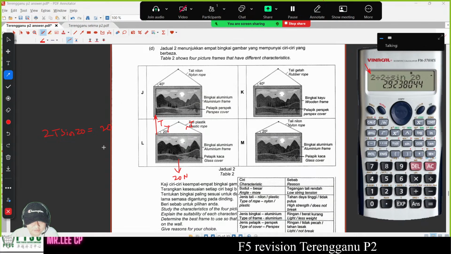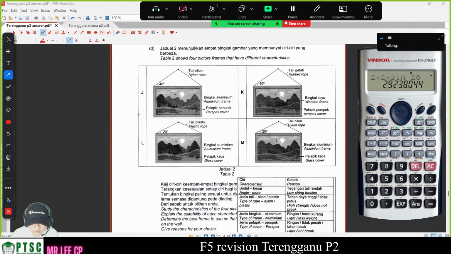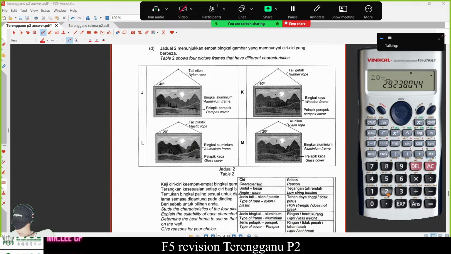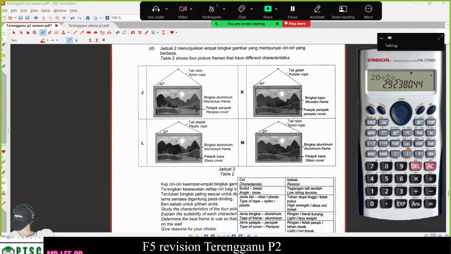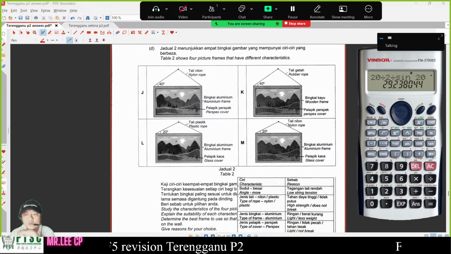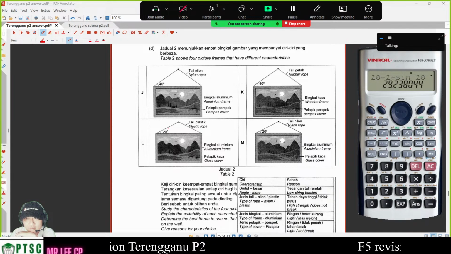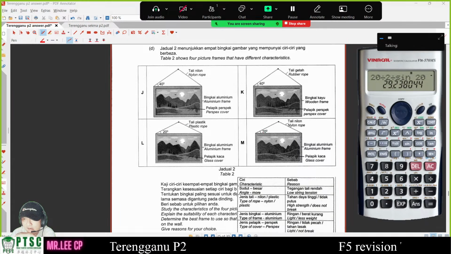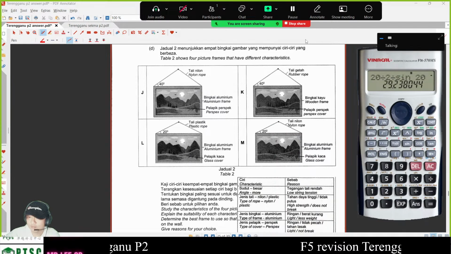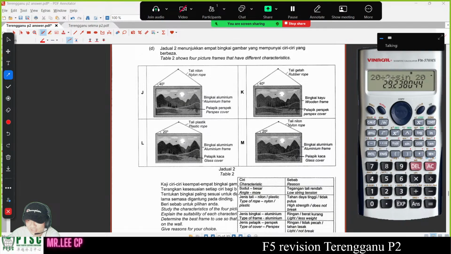All right. 20 divided by 2 divided by sine 20. Oh, 29.2. How can it be bigger? Cannot be. Smaller anchor will be less tension. Must be like that. So this one maybe I press wrong also. Okay, so this one is 29.